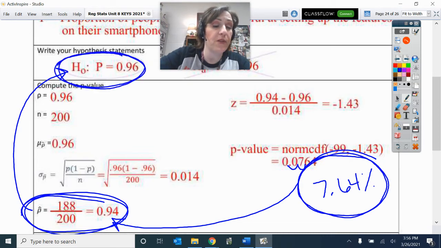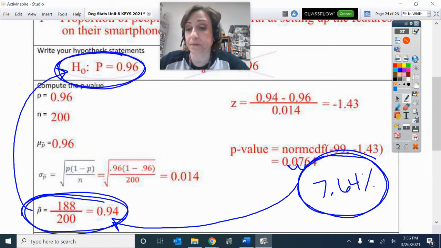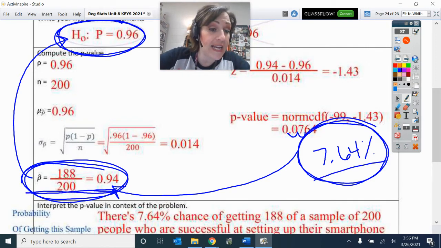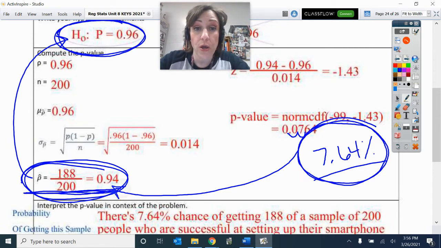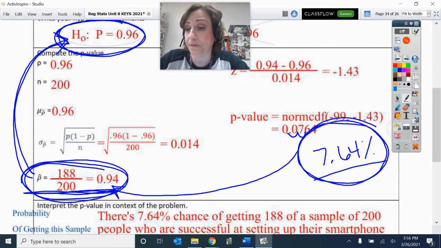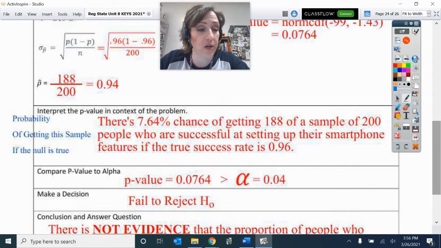All right, so now let me put that into context. There's a 7.64% chance of getting 188 out of 200 people who can successfully set up their smartphones if the success rate is still 0.96. Okay, so that's what I have here.